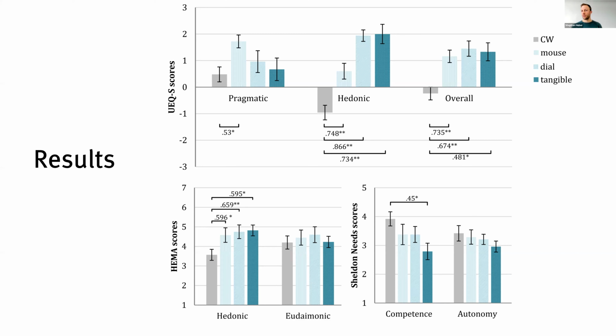And not very surprising, on an interface that they had no experience with, the competence was not so high. So all here scored lower, and the tangibles, which were the most original, most unconventional interface, even significantly differed from the competence that they felt when they used their current workstation.